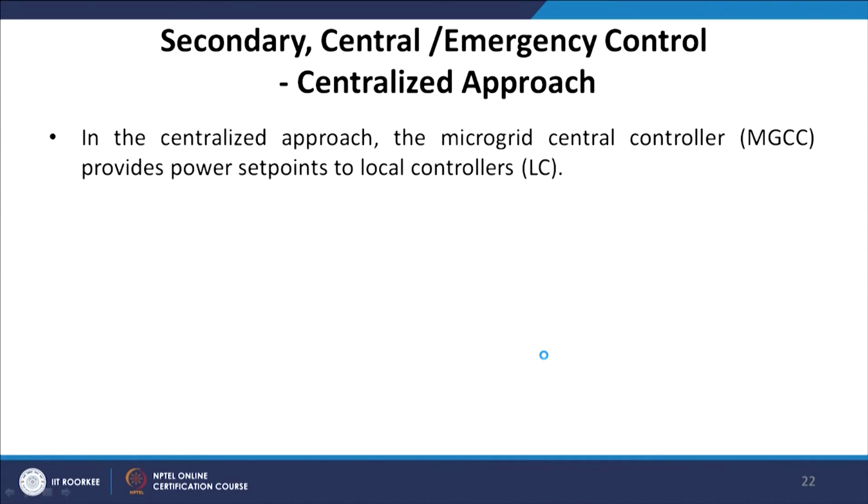Now, in the centralized approach, the microgrid central controller, that is MGCC, provides power set points to my local controllers, LC, for their operation. So, you have to create the local controller points, and those have been created by the MGCC so that each local generation point can behave based on the instructions available to me from the MGCC.